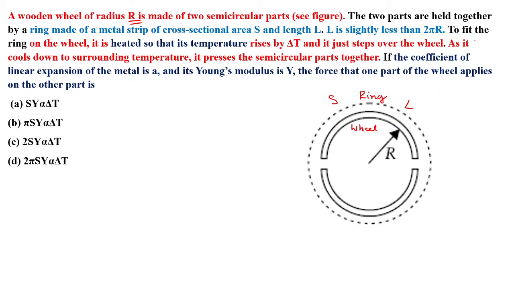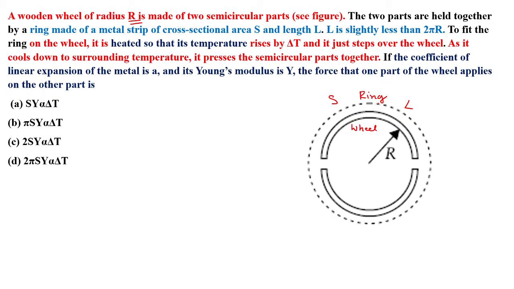To fit the ring on the wheel, it is heated so that its temperature rises by delta T. The length of the ring is slightly less than 2 pi r, so to fit the wheel inside the ring we need to heat up the ring.